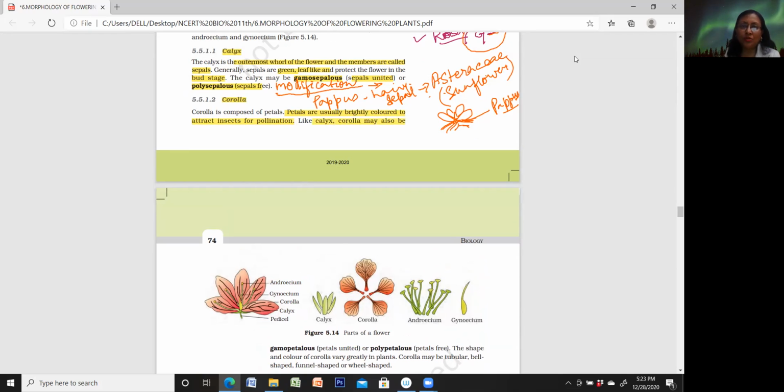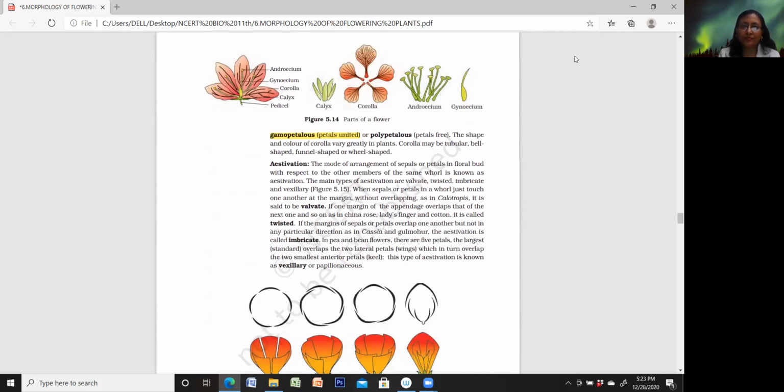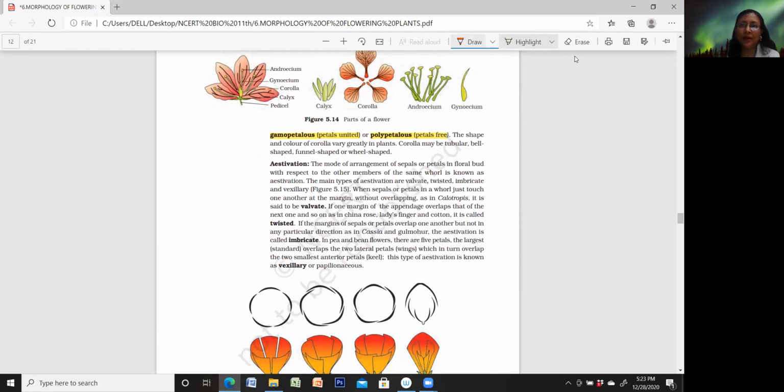Like calyx, a corolla may also be gamopetalous, that is when the petals are united. Polypetalous is when the petals are free, and you will use the same symbols.